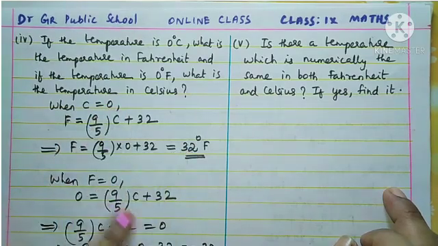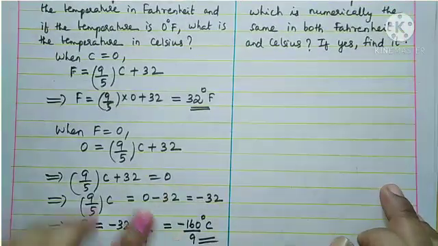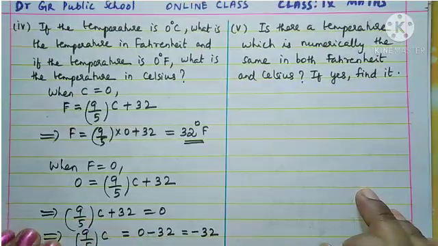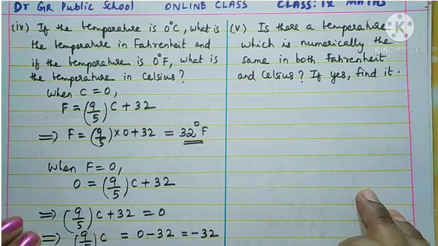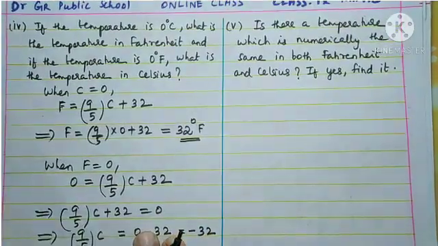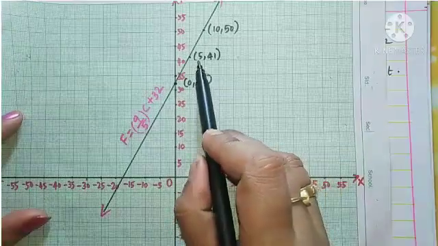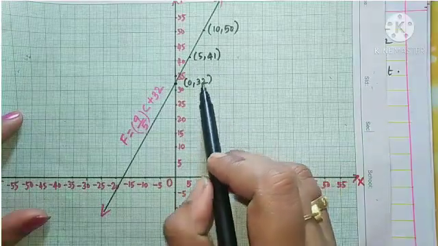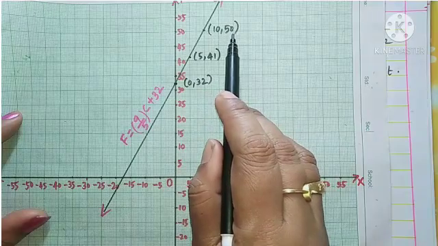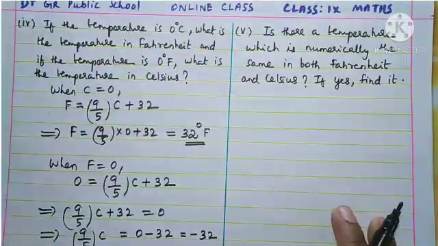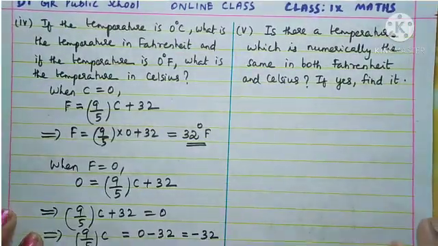When F is 0, C is minus 160 by 9. Likewise, we did in the graph also, correct? In the graph, when we took different temperatures, when C is 5, F is 41. When C is 10, F is 50. So we found different values for C and F.